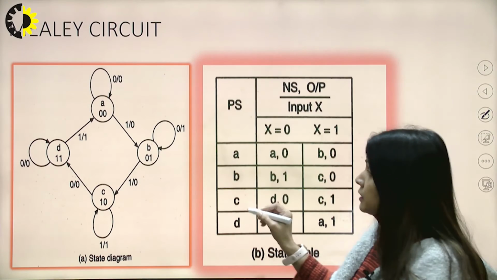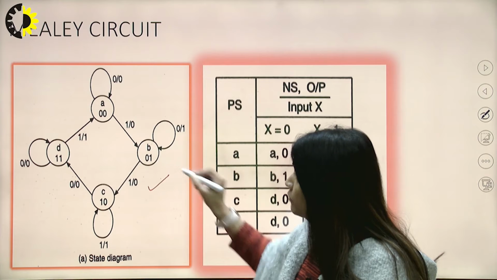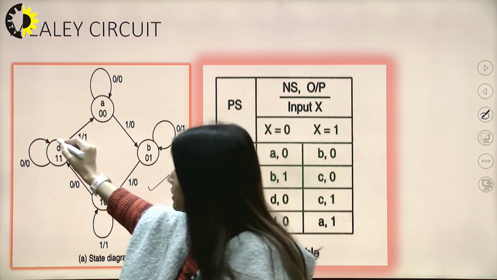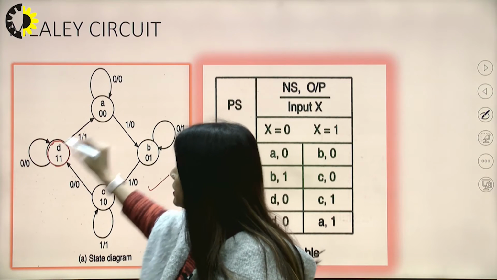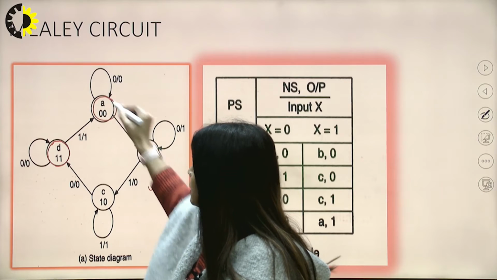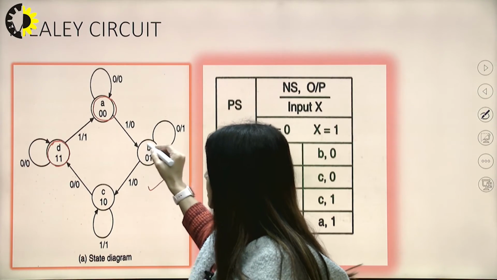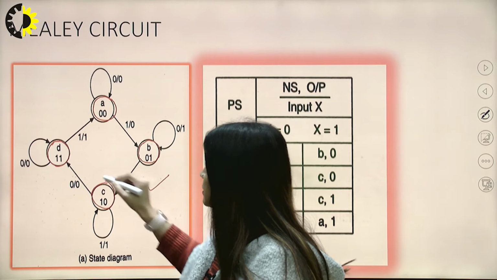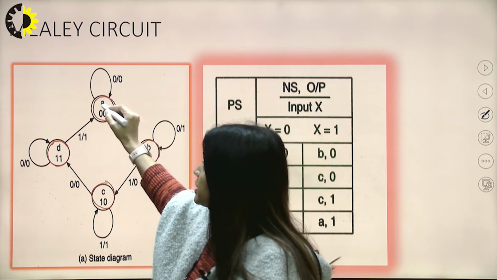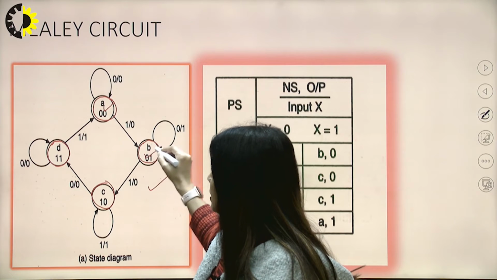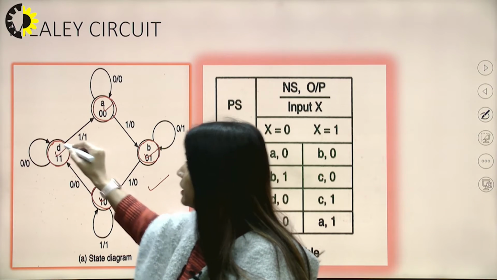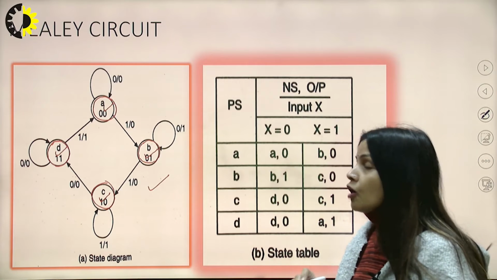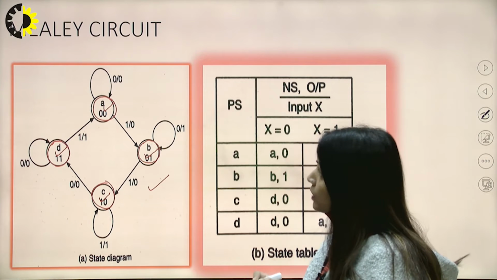So here, this is the Mealy circuit diagram, in which these circles are representing the states. In this diagram, as we can see, there are 4 states, A, B, C and D. Now, how to represent the input and output?